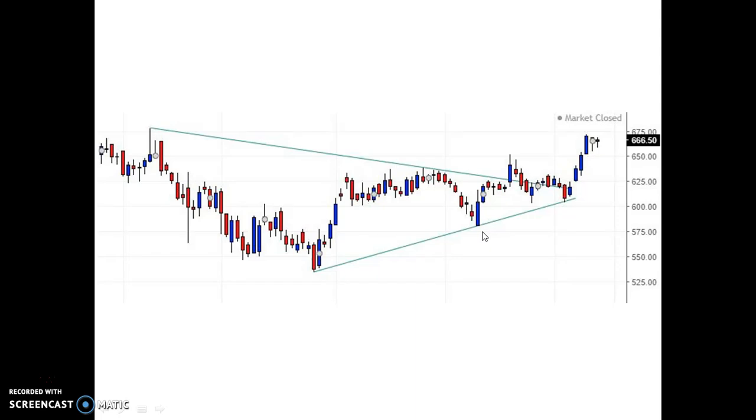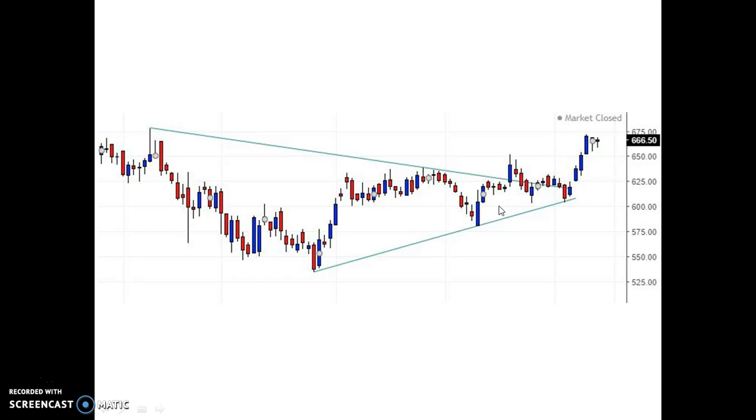In terms of its characteristics, you need to follow two things: the ascending bottom trend line that goes in the upward direction and the descending trend line that goes in the downward direction.